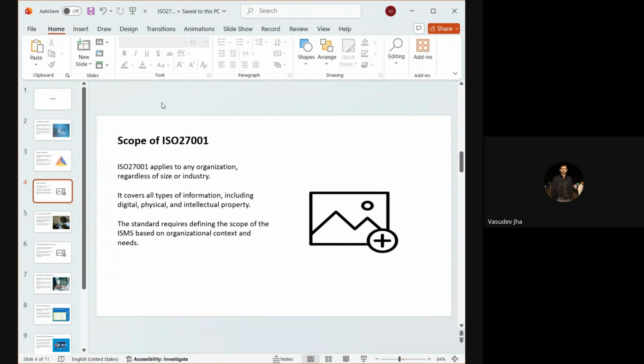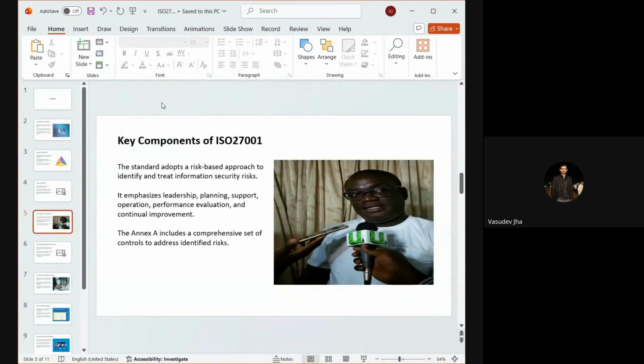Okay. So the standard requires defining the scope of the ISMS based on organizational context and needs. Now, what are the key components of ISO 27001? Well, this image is there.